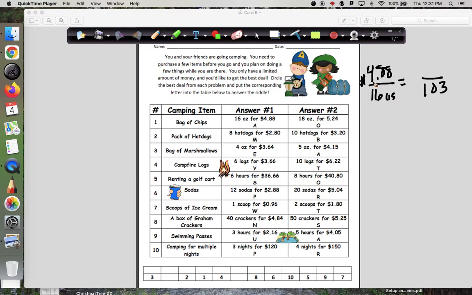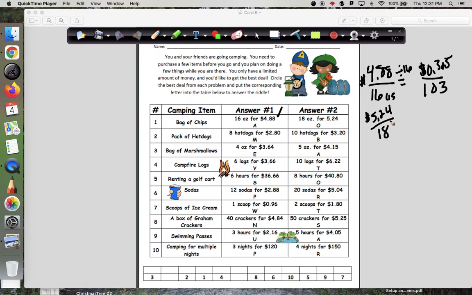So you want to grab a calculator and do 4.88 divided by 16. And so we divide by 16 to get 0.305. And so that's this one. And then we'll put $5.24 for 18.